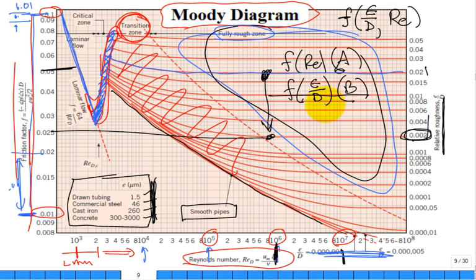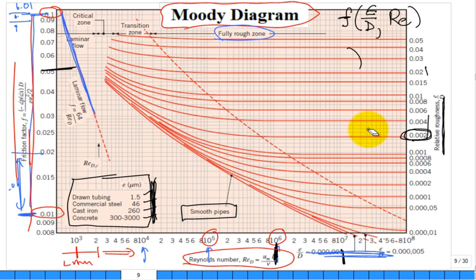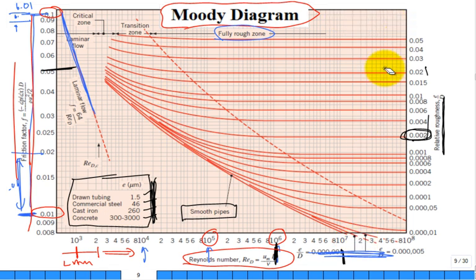So out in this region, it's only a function of the relative roughness. That's a big conclusion, because a lot of times you'll see that friction factor is not a function of Reynolds number. The analyst has concluded it's out in the fully rough region, and there you go. Now, in this region, guess what? You're a function of both.